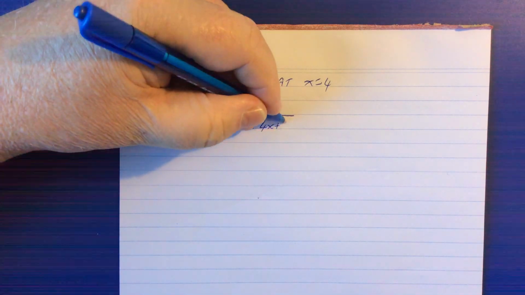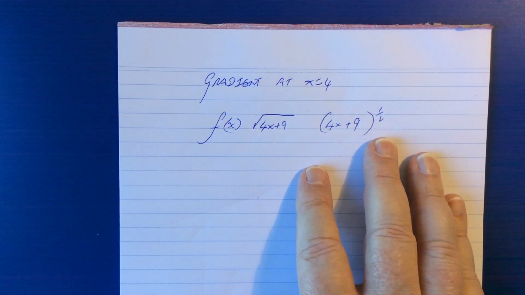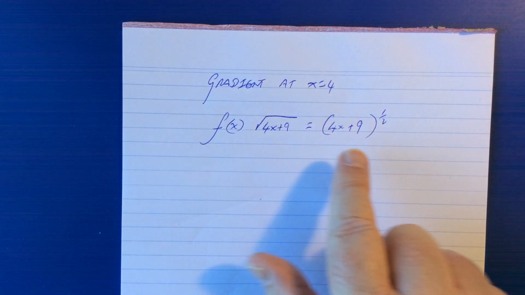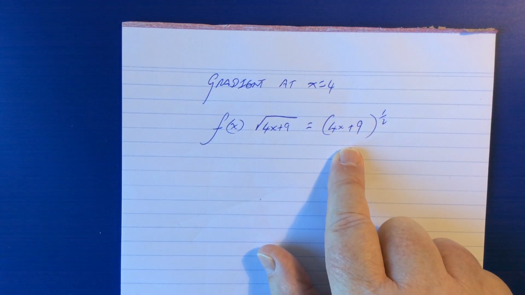Now, f(x) was root 4x plus 9, which makes it easier, (4x plus 9) to the half. I beg your pardon. So that equals that. Now, you can use the chain rule to differentiate this.